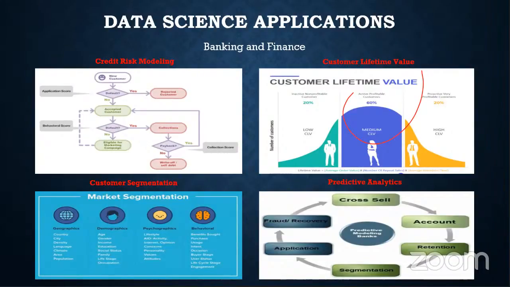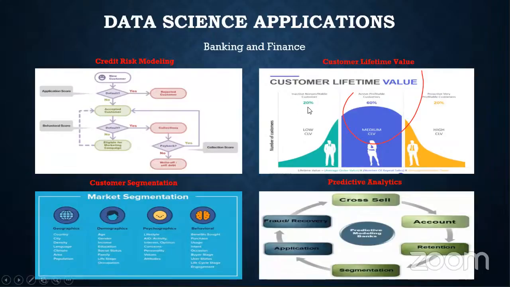So they come under this high CLV, that is customer lifetime value, right? High customer lifetime value. They are very precious customers for the bank or the industry. There are some active customers who are just in between, and there are some inactive customers who are in this low CLV region, right?